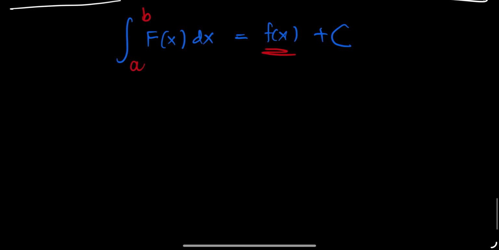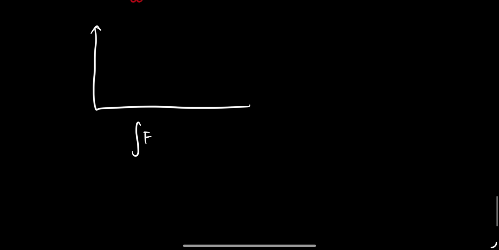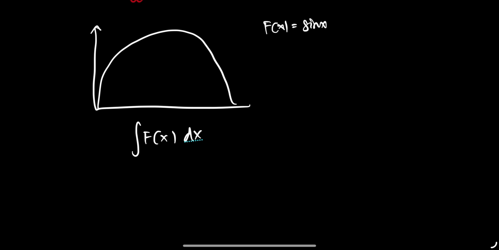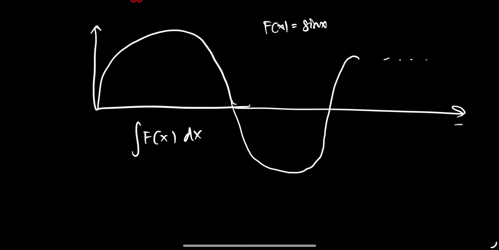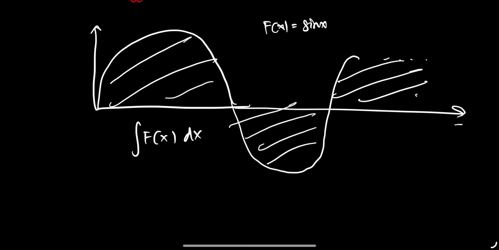Currently in our indefinite integrals, let's say f(x) is equal to sine x. This goes on for infinity. It goes on forever and ever. So we find the area under this, an area under this, an area under this. This goes on forever, right?